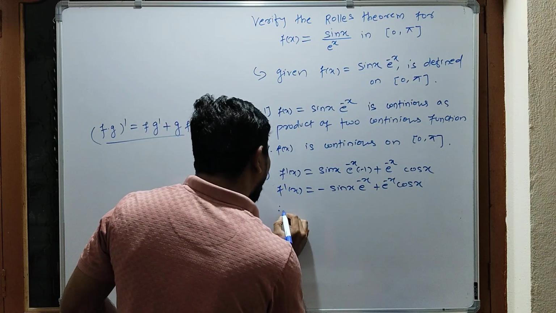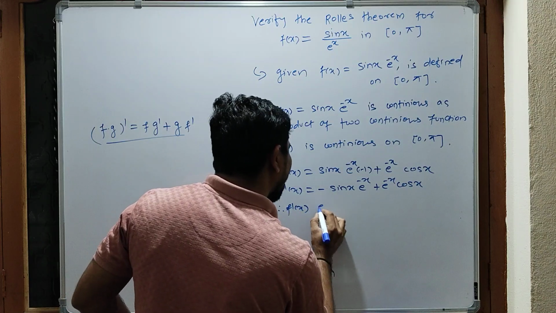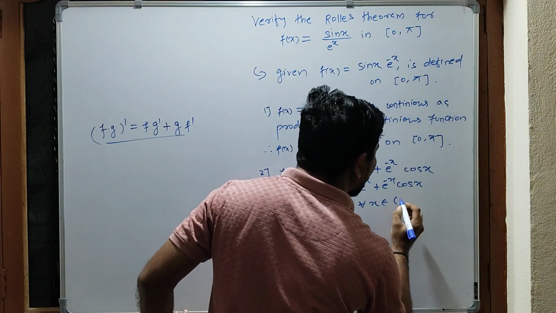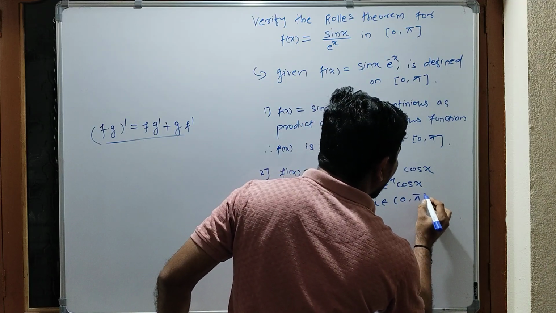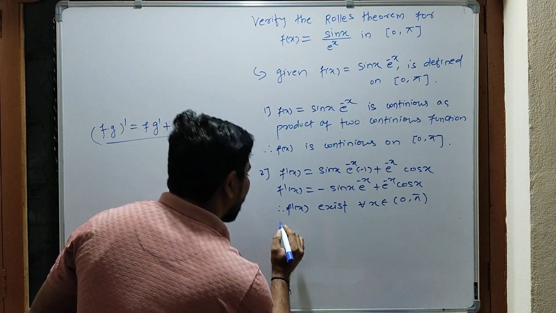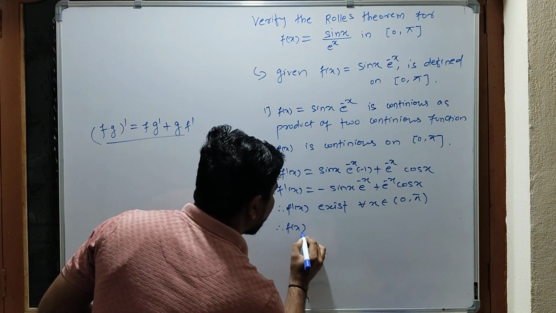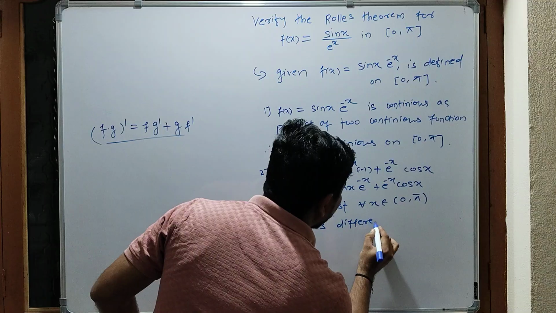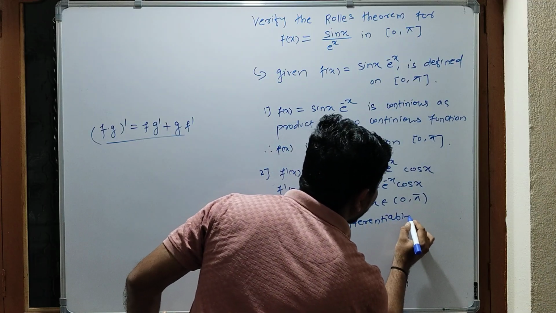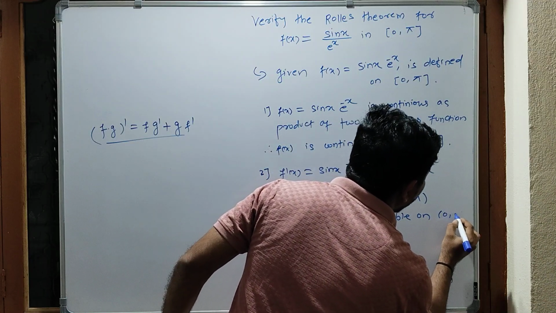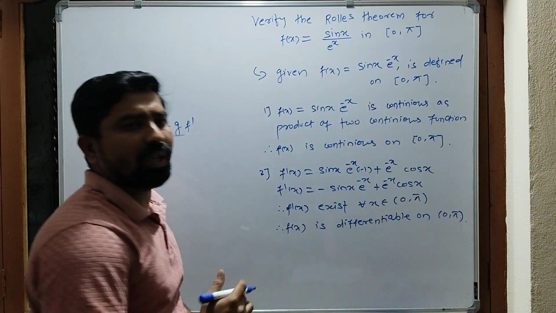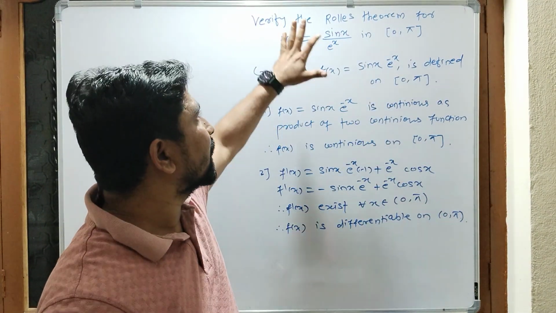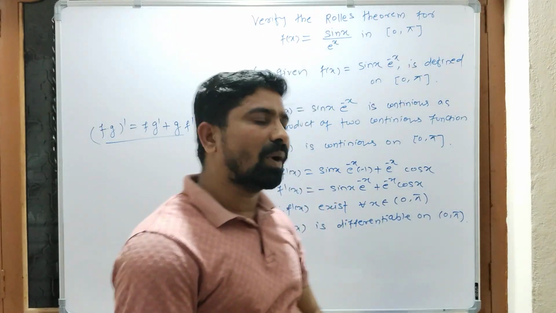Therefore f dash of x exists for all x belonging to the open interval 0 to pi. Therefore f of x is differentiable on the open interval 0 to pi. So the second condition of Rolle's theorem is also satisfied by the given function f of x equal to sin x by e power x.